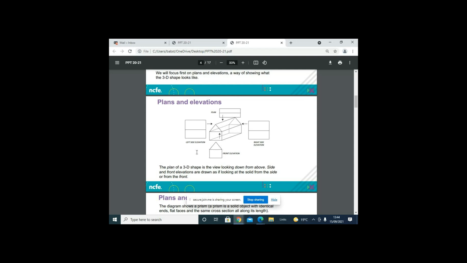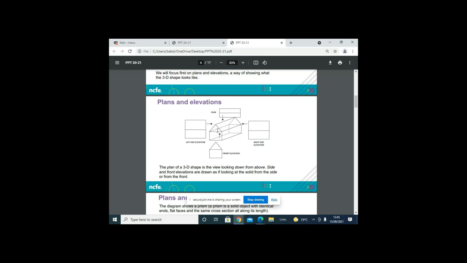If you are talking about the front elevation, you assume that you are here. If you look at this shape, you only see this part. That's the front elevation. So it's like different positions. If it's the left side elevation and you are on this side, what will you see on this shape? You will see 2 rectangles just climbing.